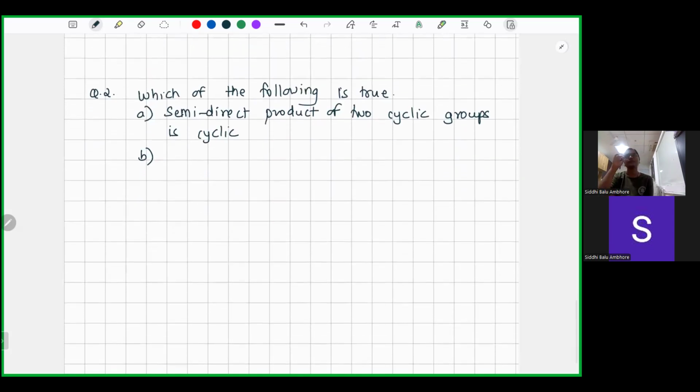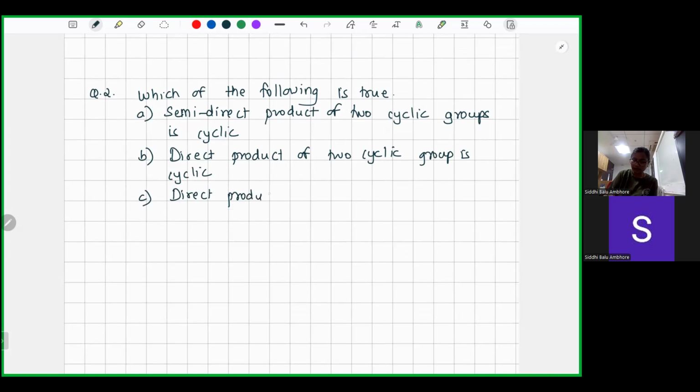B is: direct product of two cyclic groups is cyclic. C: direct product of two abelian groups is abelian.